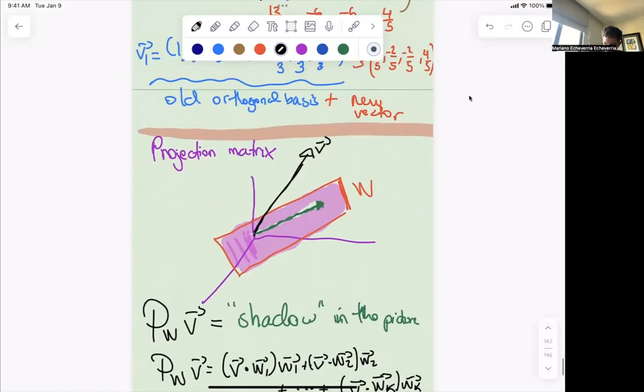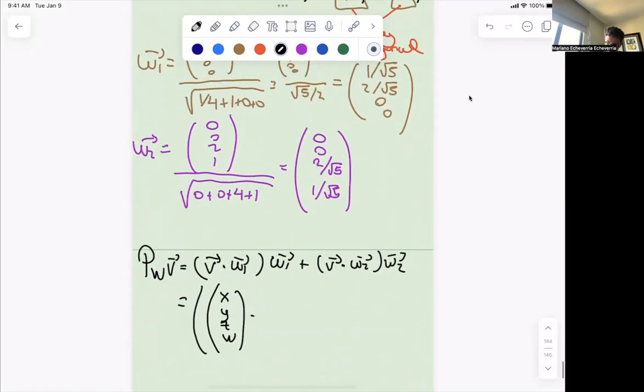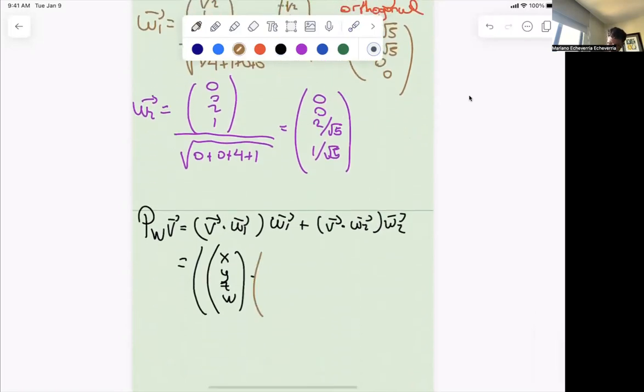In this picture, you can think of V as (x, y, z, w). W1 we have already here: (1/√5, 2/√5, 0, 0). Whatever that dot product gives you gets multiplied by 1/√5.